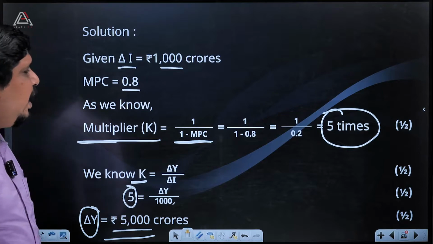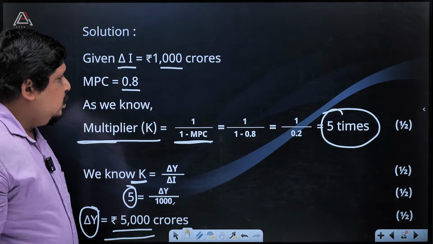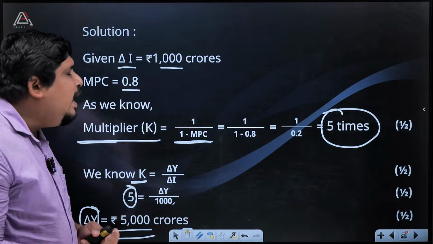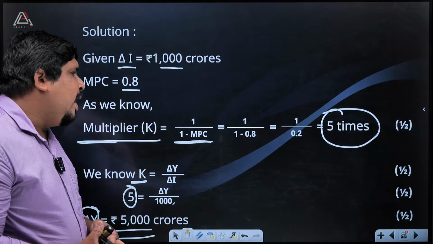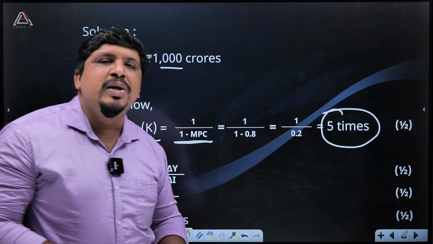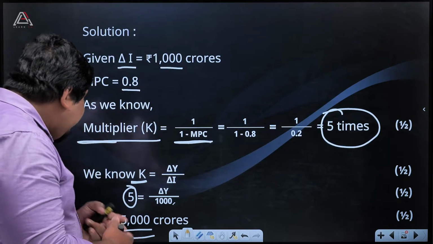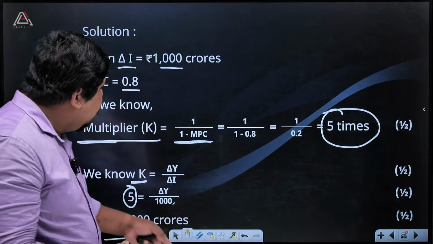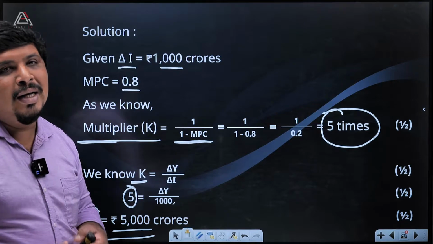So change in income is 5000 crores. That means once we change investment, there is a multiplier effect, which we are learning about: 5 times. Once we change the investment, we get 5 times income. 1000 crores investment gives 5000 crores income. That is what the multiplier is showing.